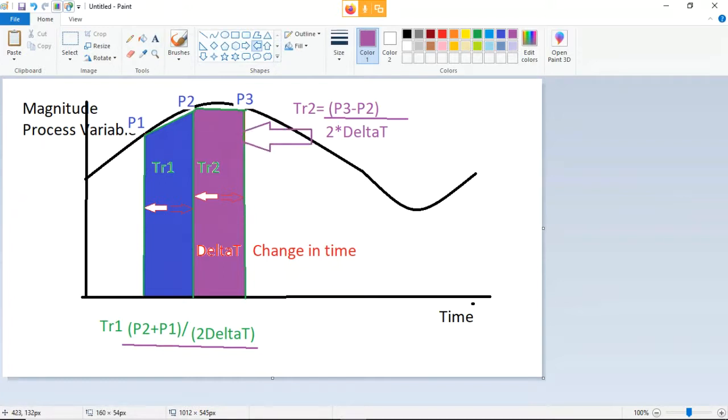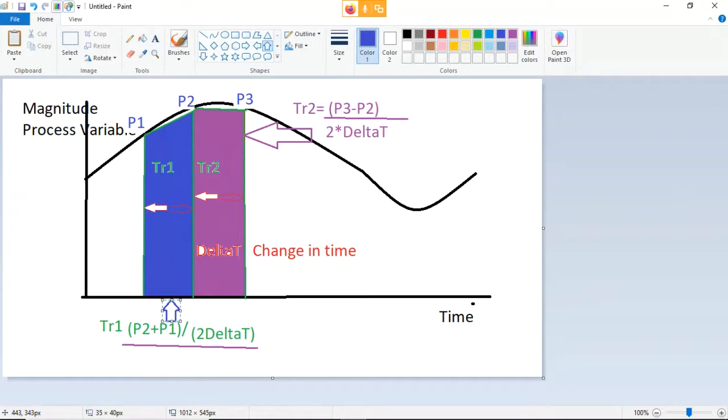This is the area for this trapezoid, and this is the area for this trapezoid. And what we're going to do is calculate these areas and add them together.